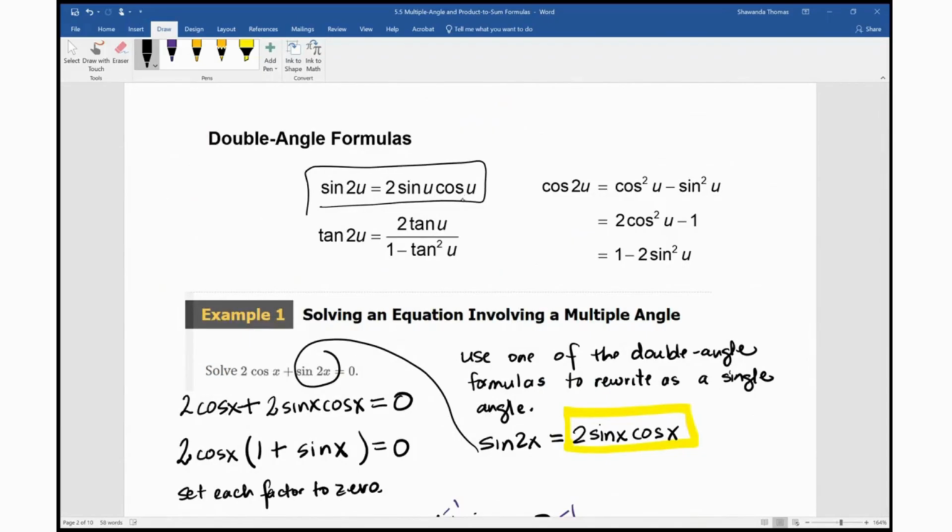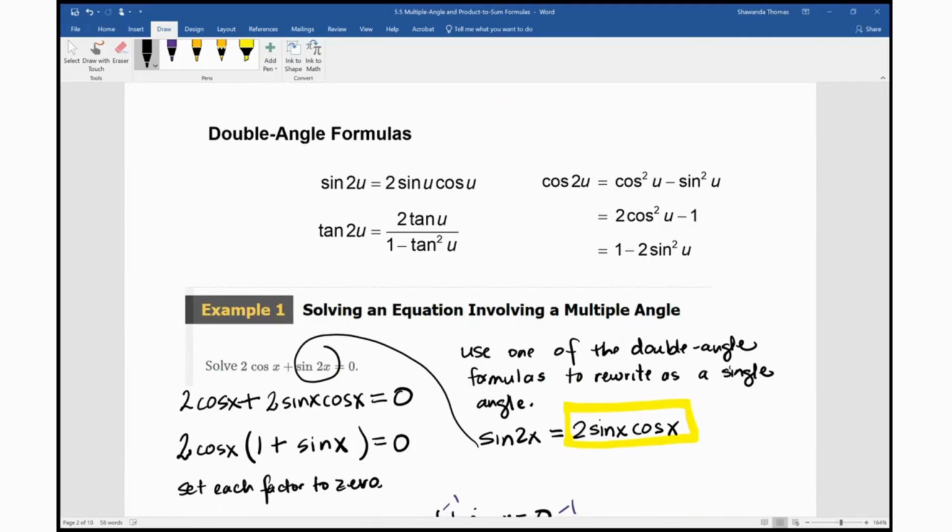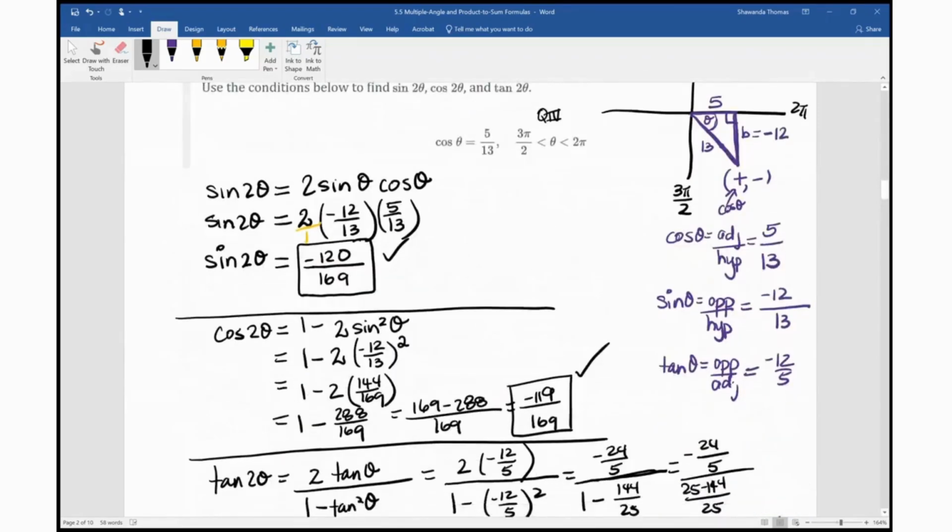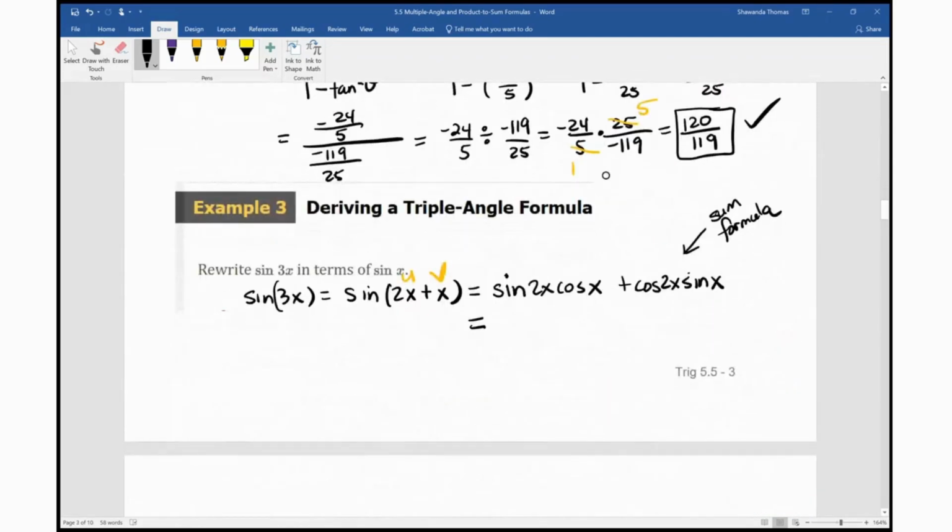So sine of 2x would be 2 sine x cosine x. But we got another x attached to that. And then cosine of 2x.